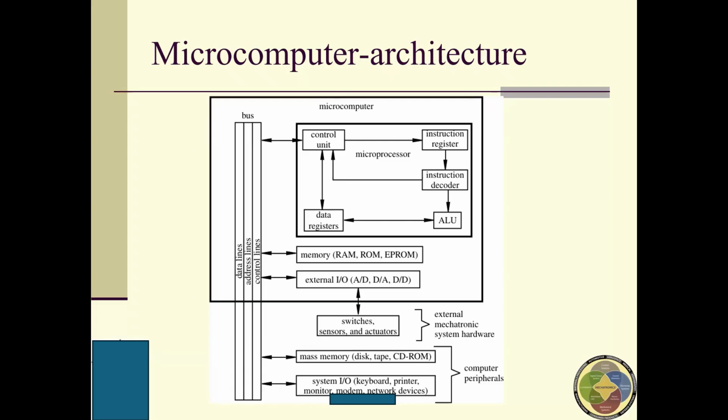So how are all these components related? How do these guys communicate with one another? Here are the buses: the data lines, the address lines. We call this the data bus, and this the address bus, and here we also have the control bus. We have three different kinds of buses. One is data, which sends all the data. The second one is address, and the third one is control. You know bus, right? You took a bus when you were young kids.